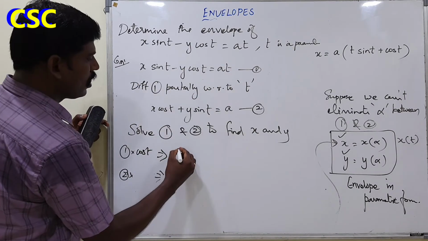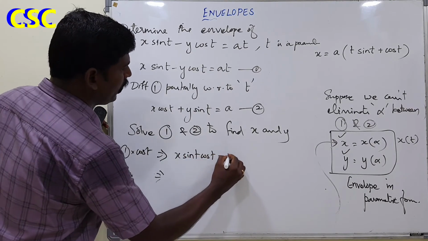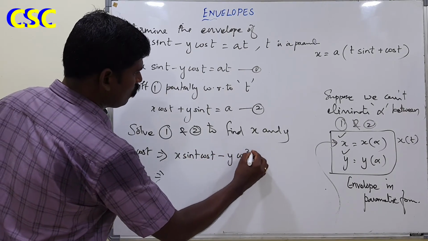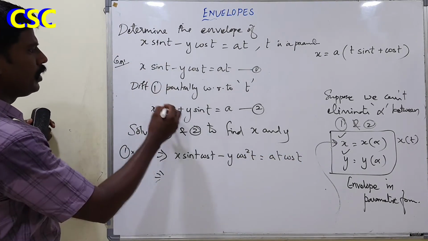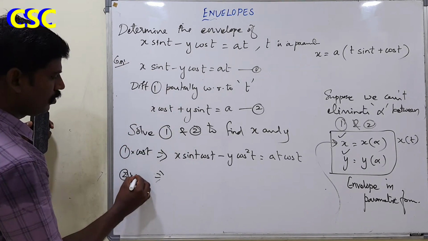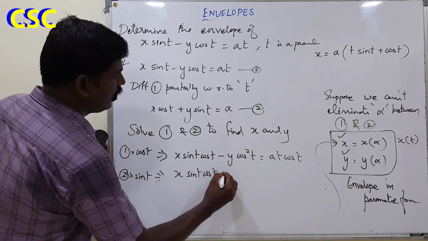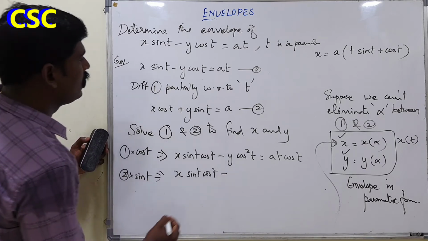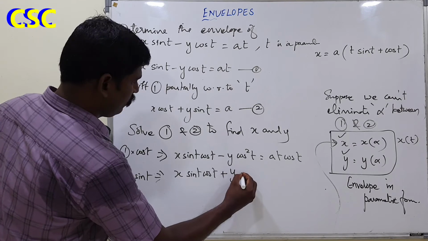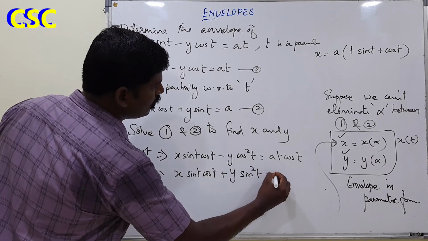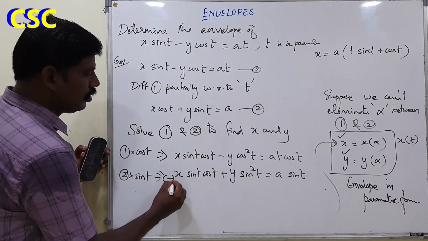So multiplying with cos t, what will you get? x sin t cos t minus y cos squared t equals a t cos t. Same like that, multiply equation 2 with sin t. What will you get? x sin t cos t plus y sin squared t equals a sin t, so changing the sign.